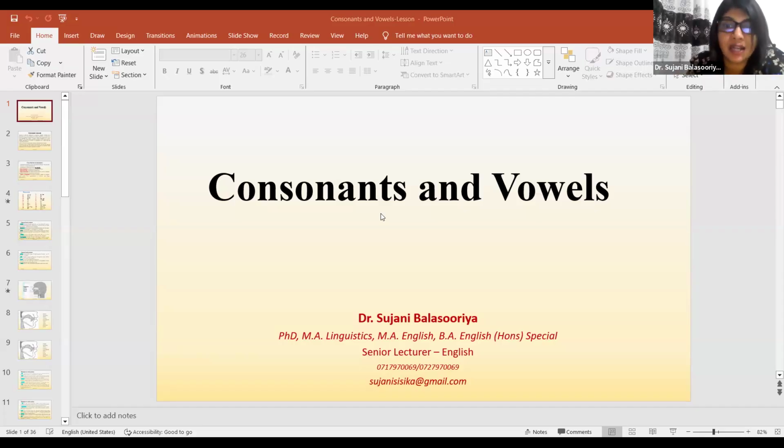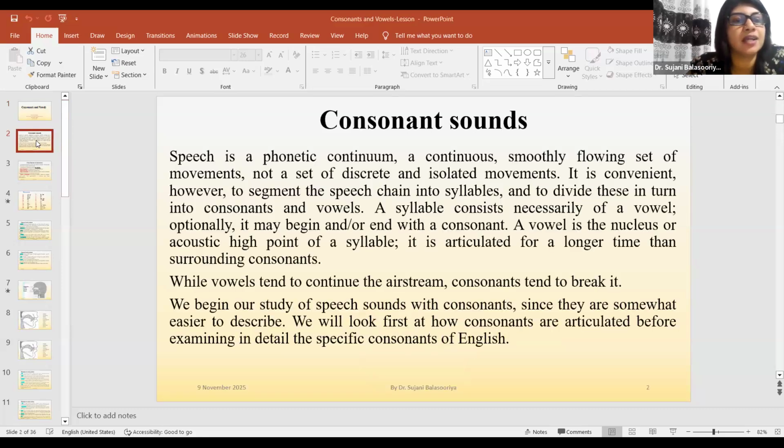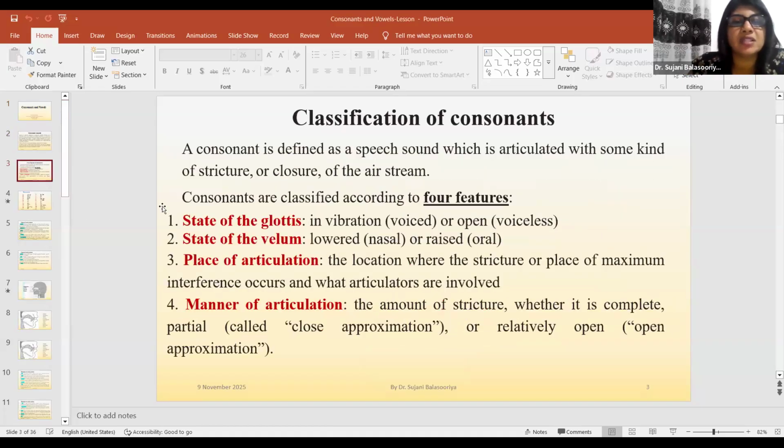Now, that is what we started doing during the previous session, and what did I do? Can you remember? I started my discussion with the consonant sounds, talking about the production of consonants, and I introduced the four features of consonants. So if you happen to describe the production of any consonant, you need to refer to these four features.